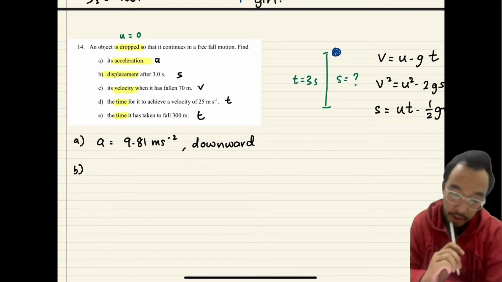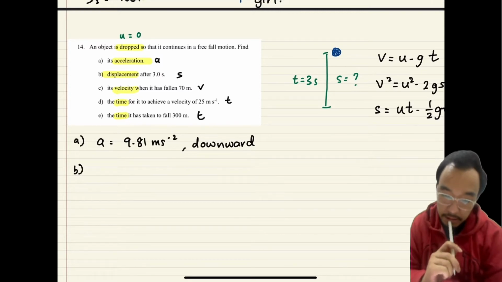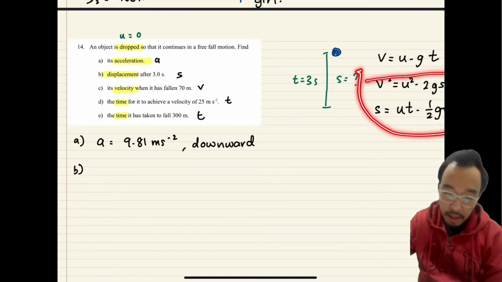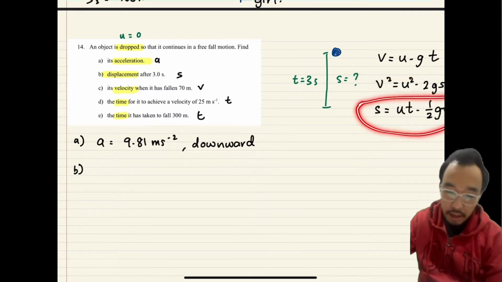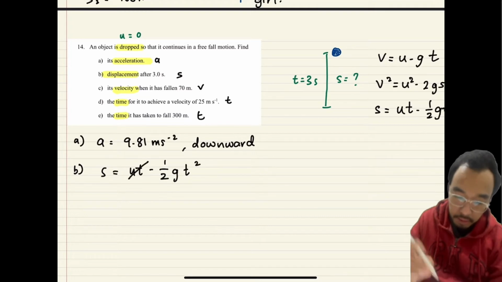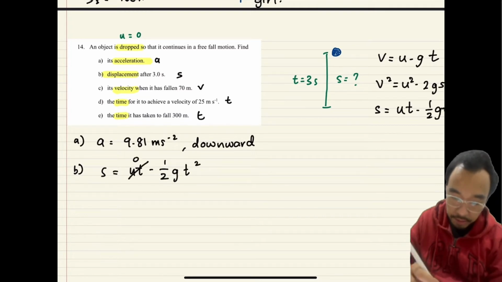Now the displacement after 3 seconds, I think you can use either the second or third equation, but they did give you the time, so I think you can use the last one. So S is equal to UT minus half GT square. UT becomes 0 because U is 0.